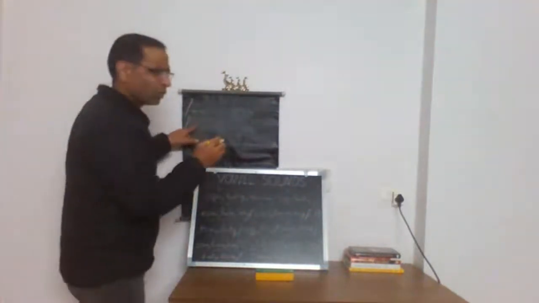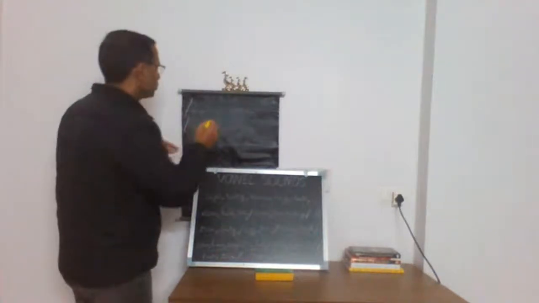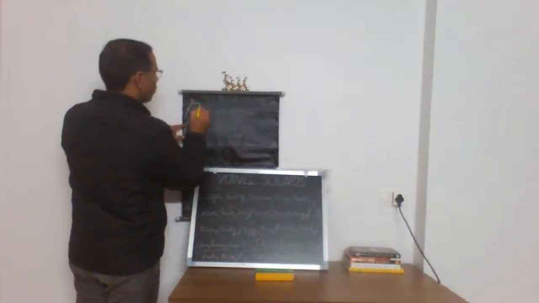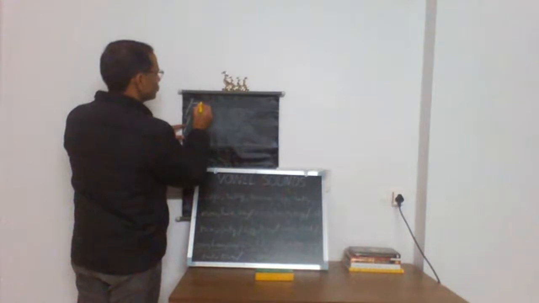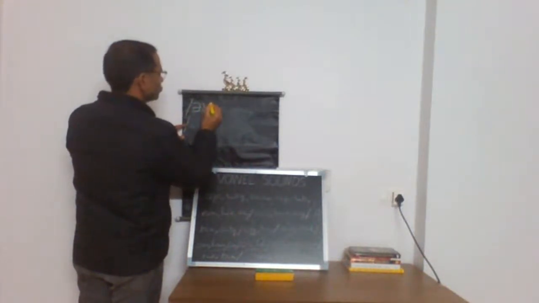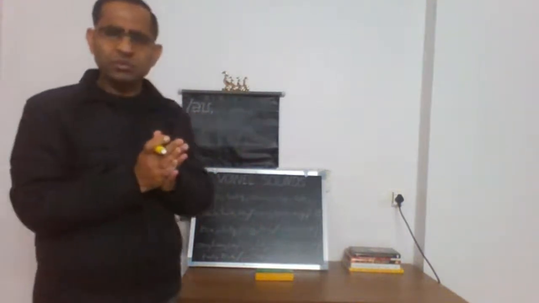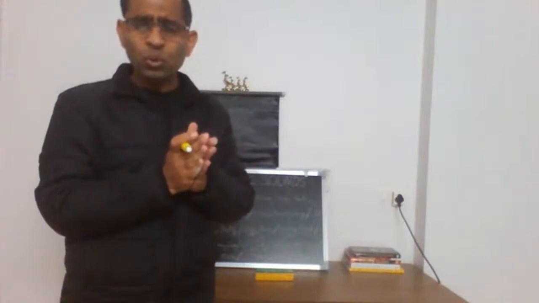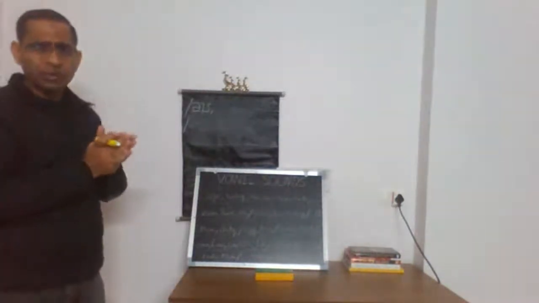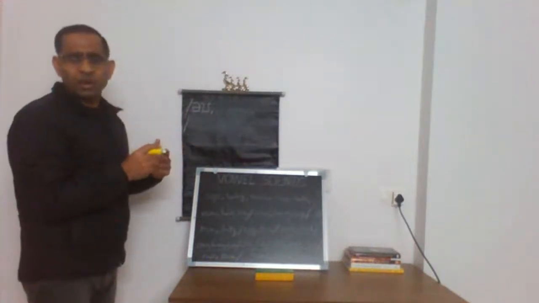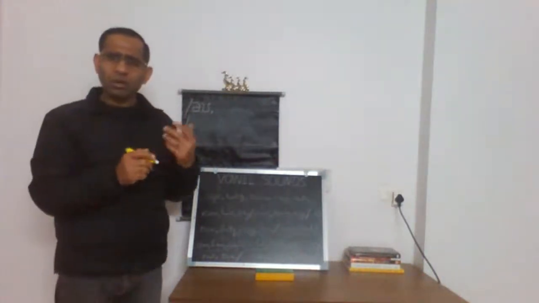First, the 2 sounds ending in oo. The first is o. This is the ow sound, a plus oo, but as one sound it is o, as in home or go.